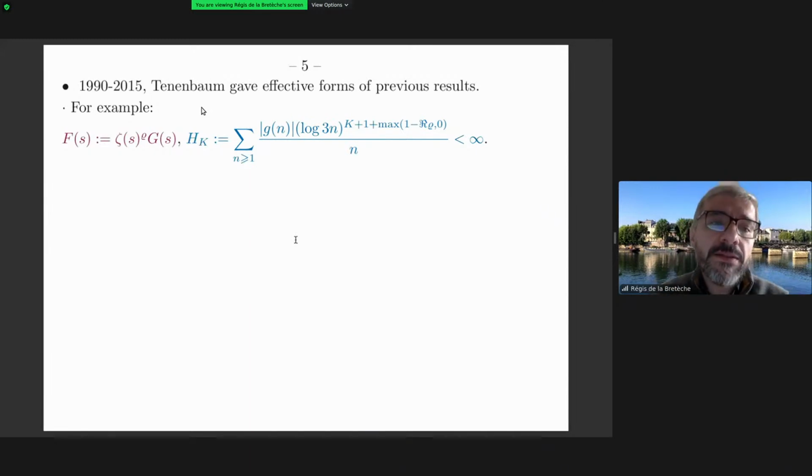So if you assume that you have a function, not multiplicative, but just an arithmetical function which has a Dirichlet series close to zeta of s power rho, so I write it zeta of s power rho times capital G of s, and we assume on small g of n that we have such a bound.